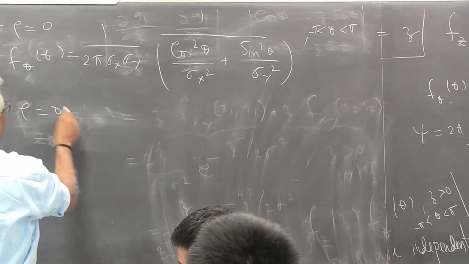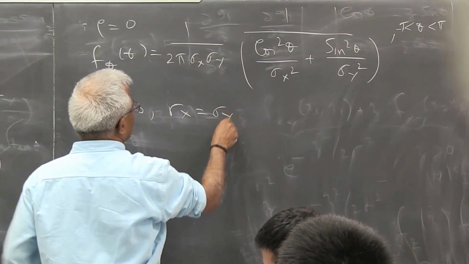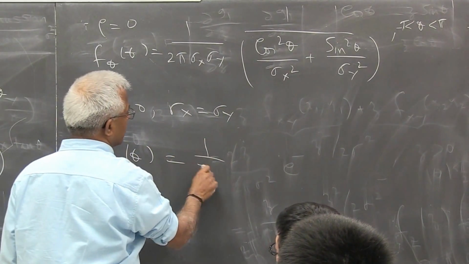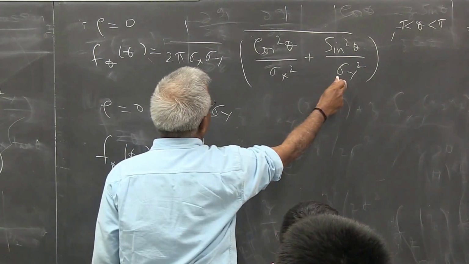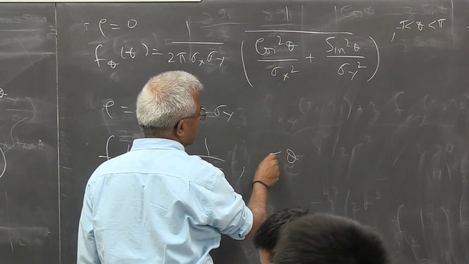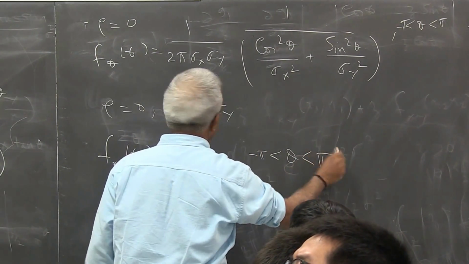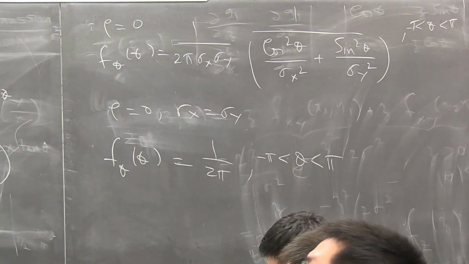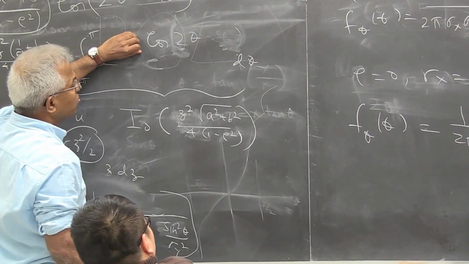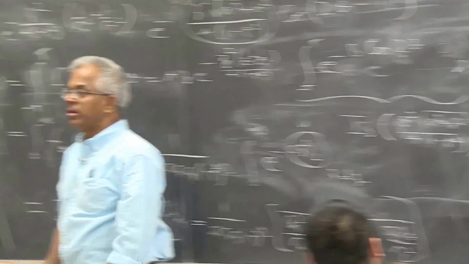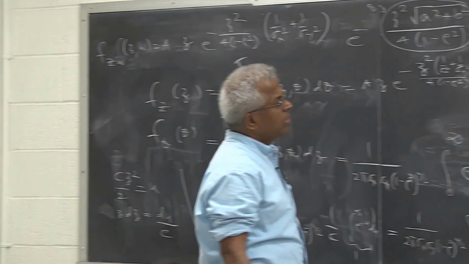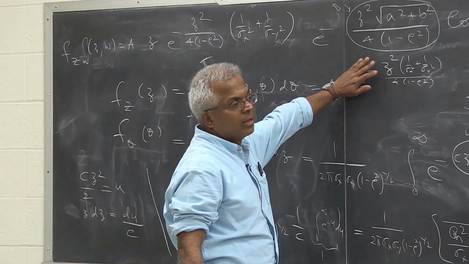Now ρ is 0, σx equal to σy. Then of course f of θ is 1 over 2π, because these two are equal, that cancels this, right? And this is what we had before. And in that case this becomes 1 because b becomes 0. Why is b 0? Because look at a and b. I don't have it here, you have it. ρ is 0, so b becomes 0, you get back Rayleigh.